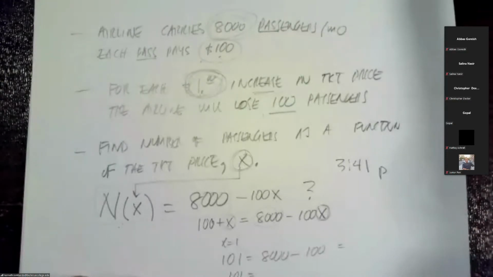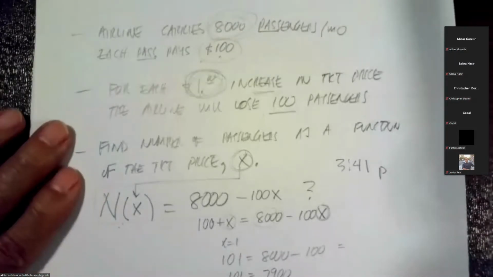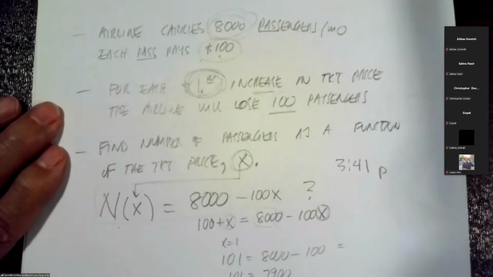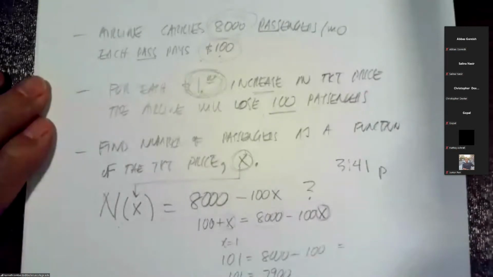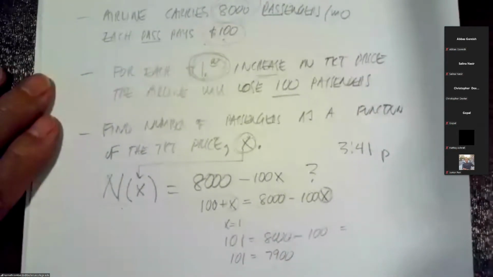So 8,000 minus 100, so we're at 7,900. Okay. All right. This is why I think we need another variable, Professor. I didn't feel like it was good to have just the x in there.